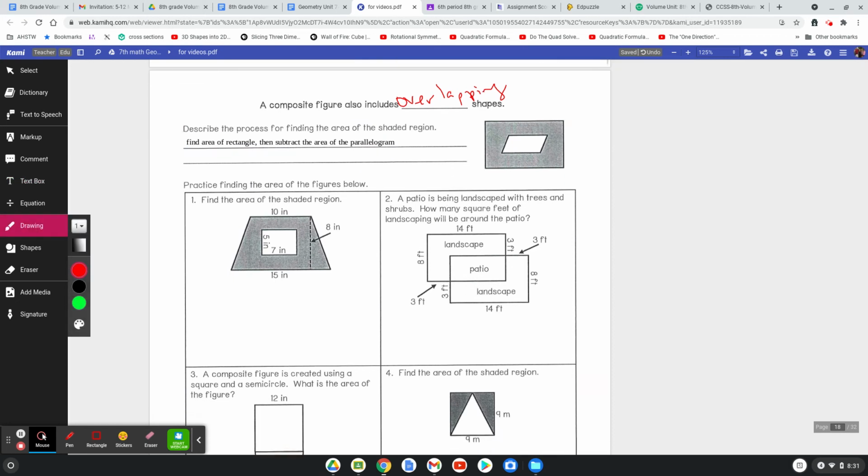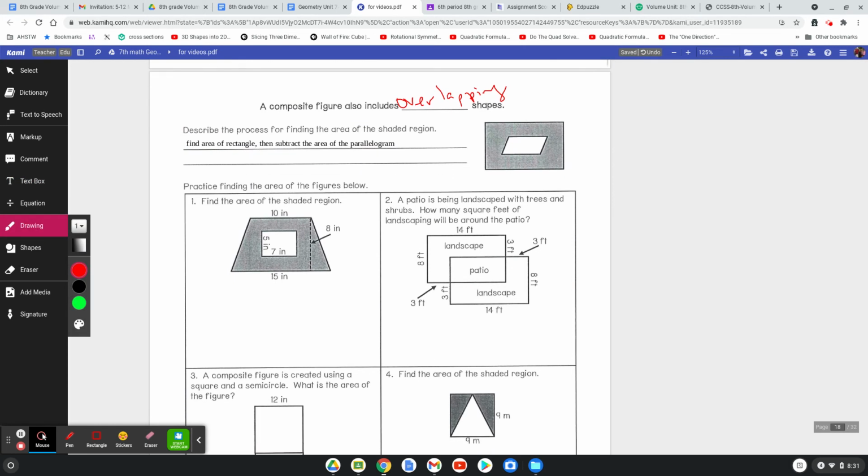So the first thing we're going to do is find the area of the big figure, which is a trapezoid. So we're going to do base plus base divided by 2 times the height. So that would be, let's see here, 25 times, so that's going to be 100.